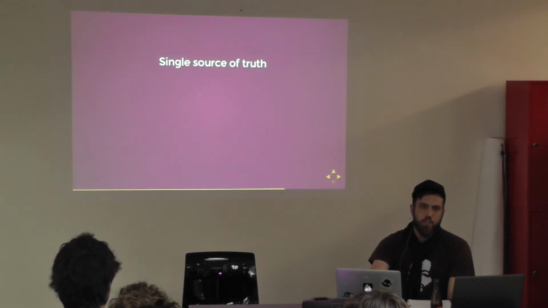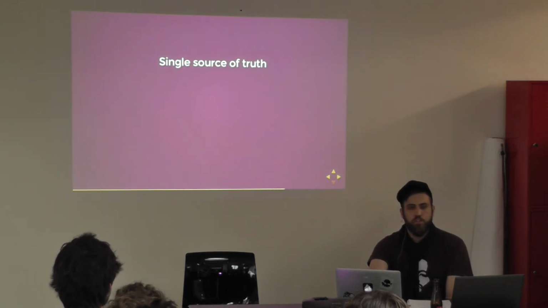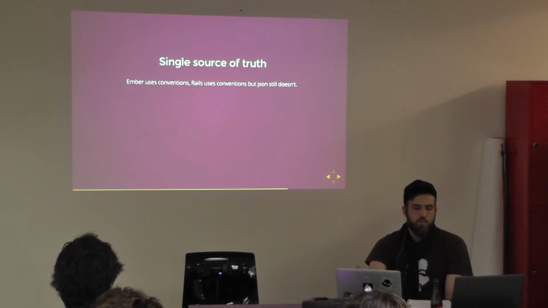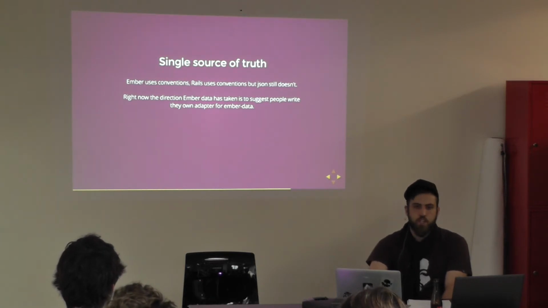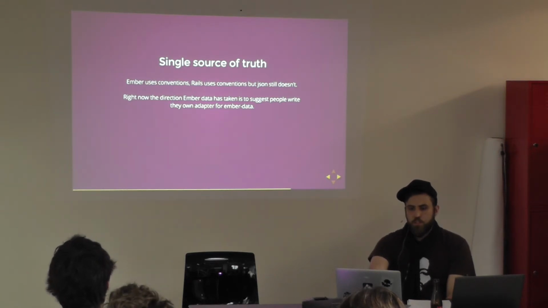The idea behind Ember Data is that they want to have a single source of truth. Rails uses convention over configuration; sadly, JSON still doesn't. You have some things like JSON API that start to implement new standards, or even the one that Active Model Serializers uses.